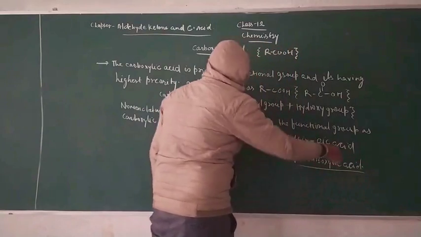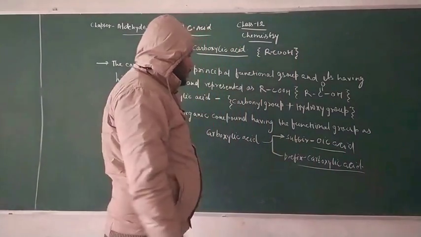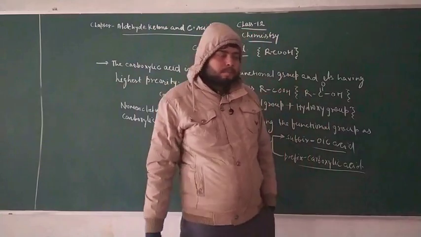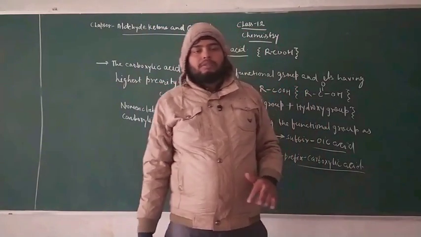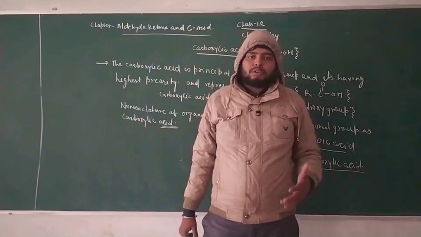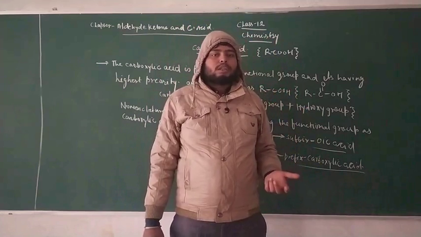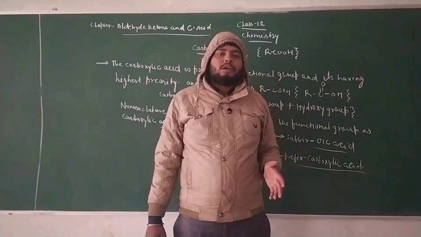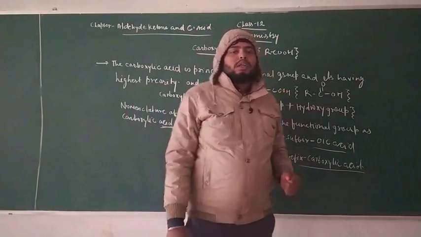We write the complete name, that is carboxylic acid. Now we have to know when to add the suffix, that is oic acid, and when to add the prefix, that is carboxylic acid. This is the complete concept for the naming of organic compounds containing the functional group carboxylic acid.